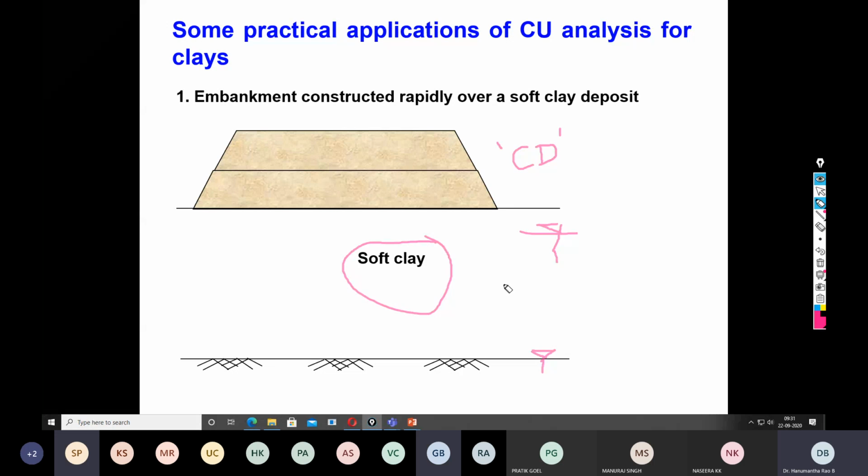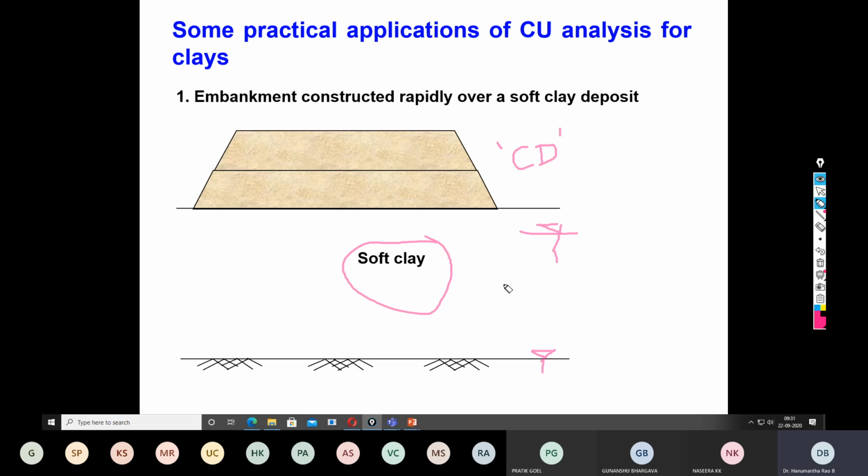Sir, CU. Why? Sir, because the soil is already consolidated, but now water is present in the soil, so it will take some time to drain it out.